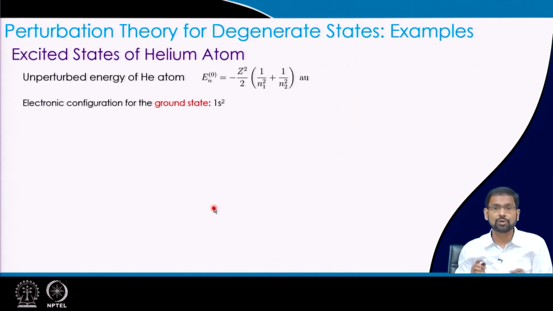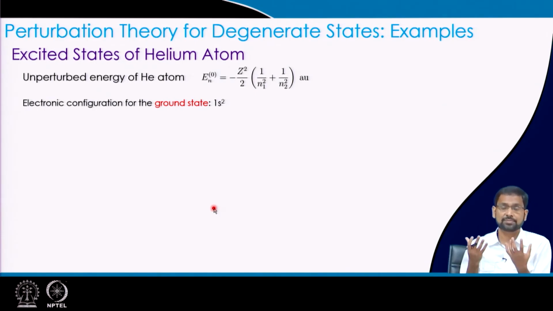Alright. Now what we will do is apply this degenerate perturbation theory to one particular example, and this example is the excited states of helium atom. When I consider helium atom, of course I have a central nucleus and 2 electrons. Without any perturbation, the electron-electron interaction is the term that bothers me, that is why I cannot solve this problem exactly.